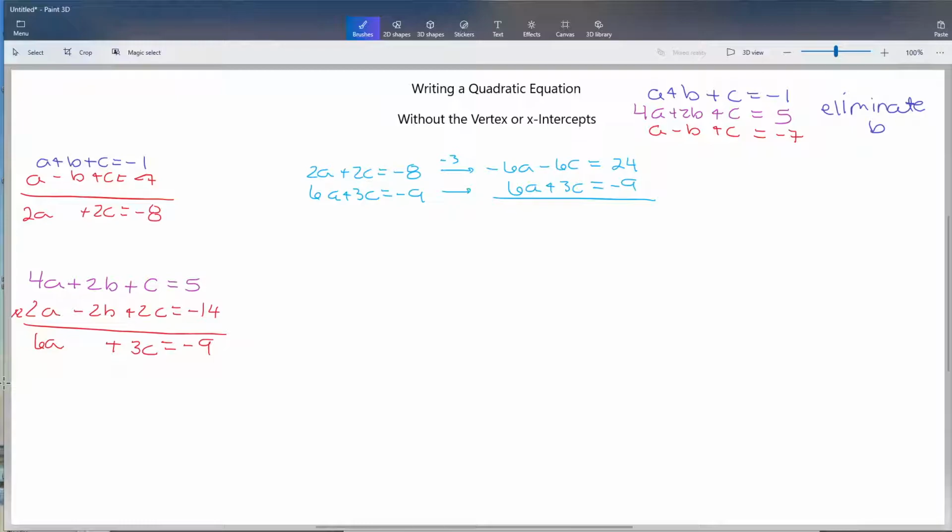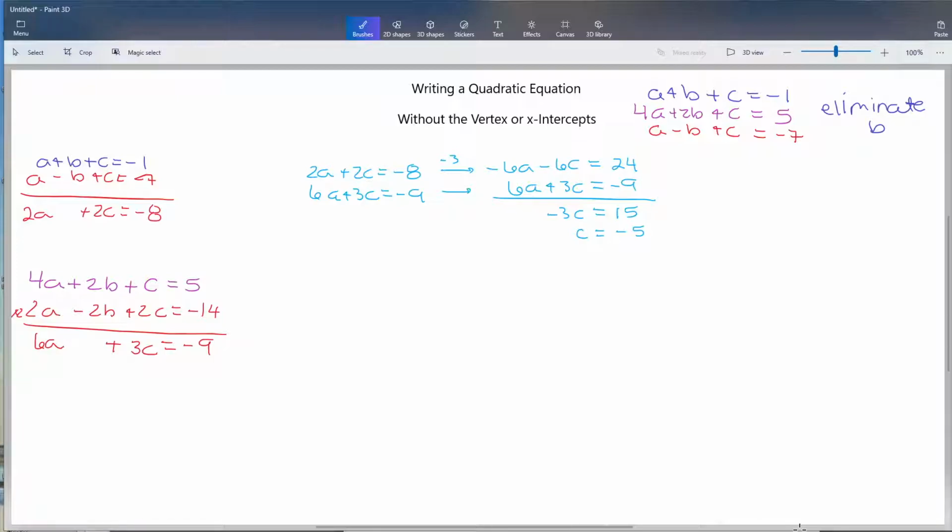Now when I add these together, -6a plus 6a is 0, that's what we had planned. -6c plus 3c is -3c equals 24 plus -9, which is 15. Divide both sides by -3, and I get c equals -5.